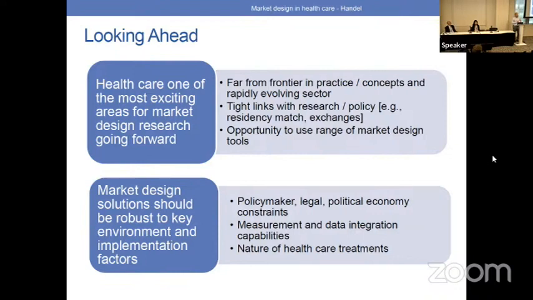The last thing I'll mention, which I think is an important aspect, is that researchers should really work to emphasize and think about the robustness of these market design solutions with respect to key environmental issues and key implementation factors. In the talks this morning in the energy and environment, we heard a lot about the political economy of tool implementation.